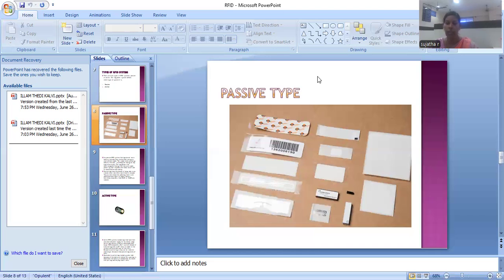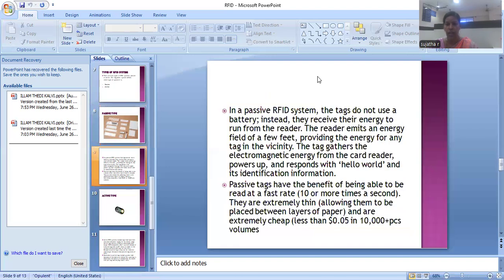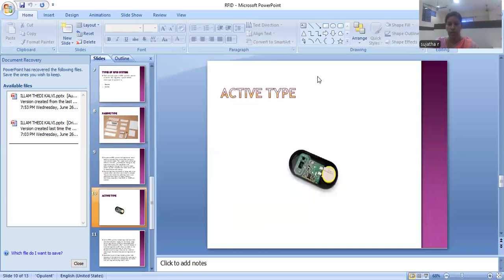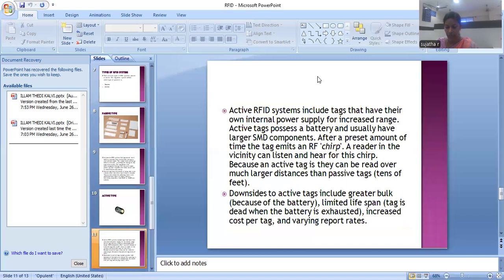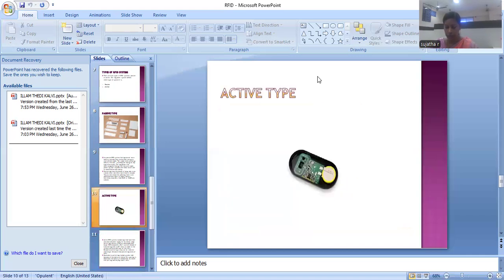So in the passive type, the energy absorbed from the reader is inside the two layers, and there is no battery. The energy is only transferred. Now the active type of RFID contains a battery that runs the microchip circuitry.